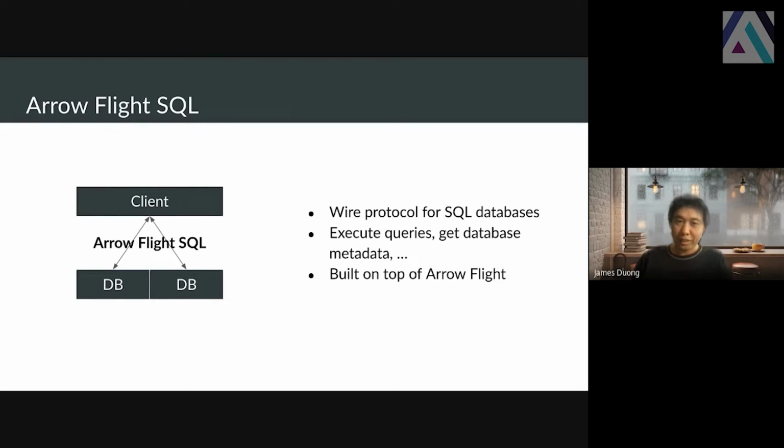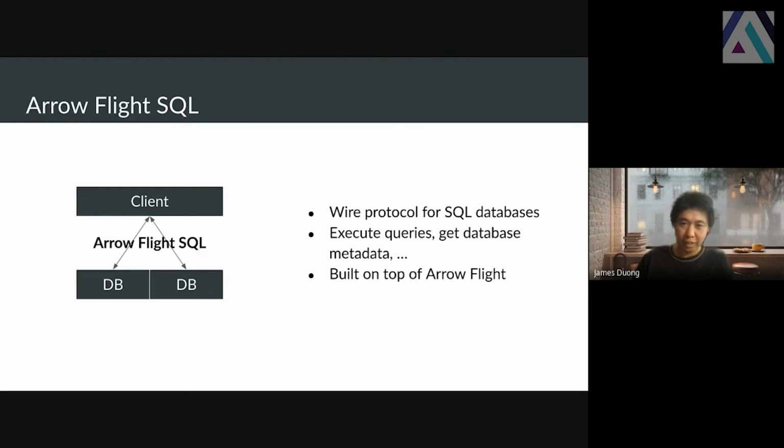So Flight SQL is a new wire protocol that we've implemented in the past year or so for accessing SQL databases through a technology built into Arrow already called Flight. It's a high-performance protocol initially powered by gRPC that sends Arrow data directly over the wire without any serialization.